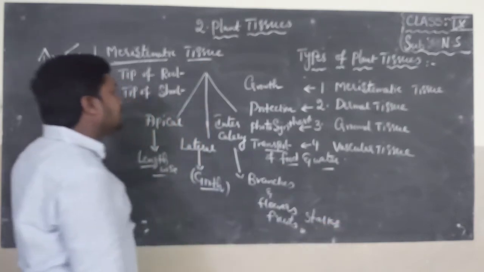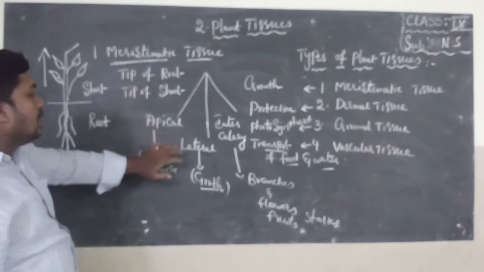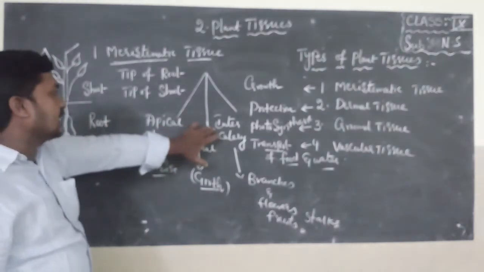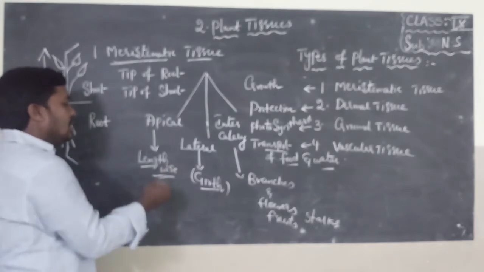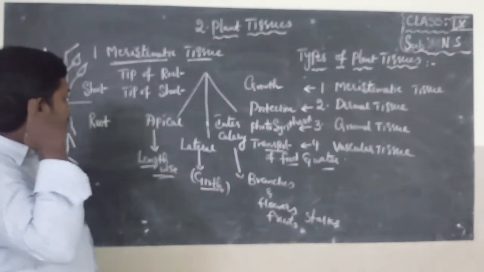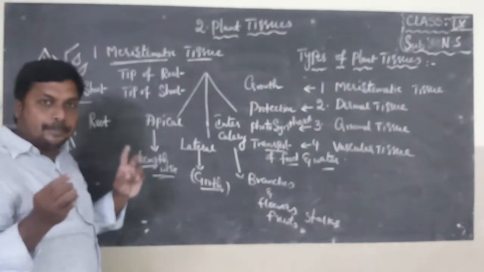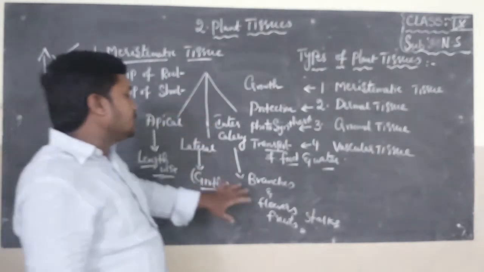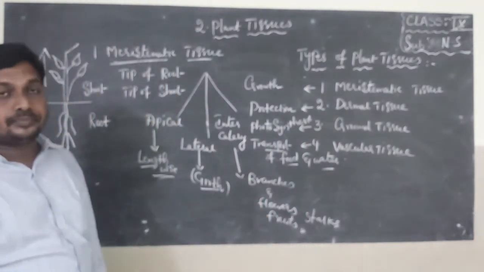So there are three types of meristematic tissues. Apical increases the length of the plant, lateral increases the girth of the stem, and intercalary gives branches and fruit and flower stalks.